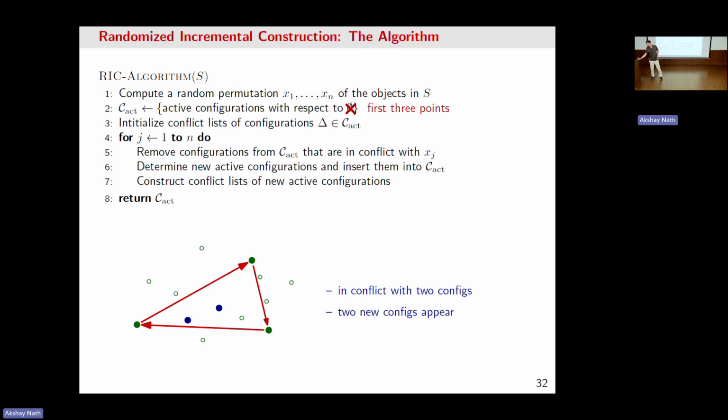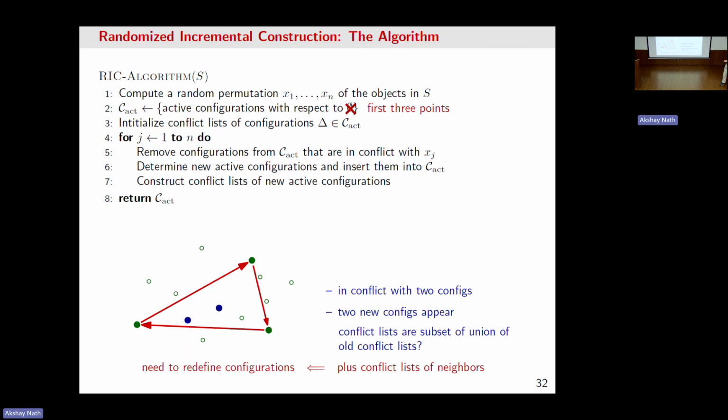So what we can do, but let me not spend too much time on it, is I'm going to do slightly more complicated configurations. Namely, a configuration will be a pair of consecutive edges on the conflict solve.